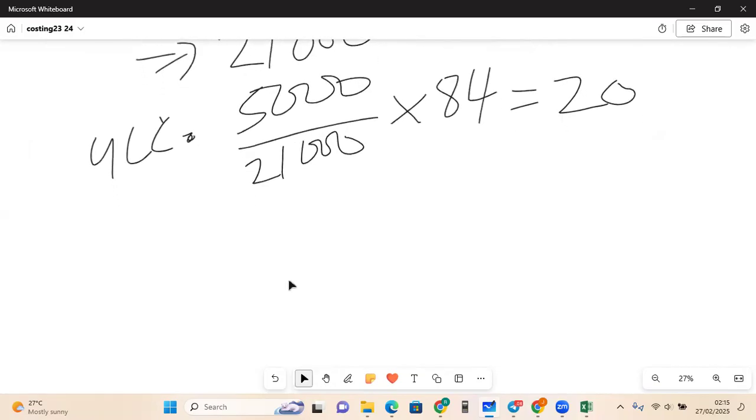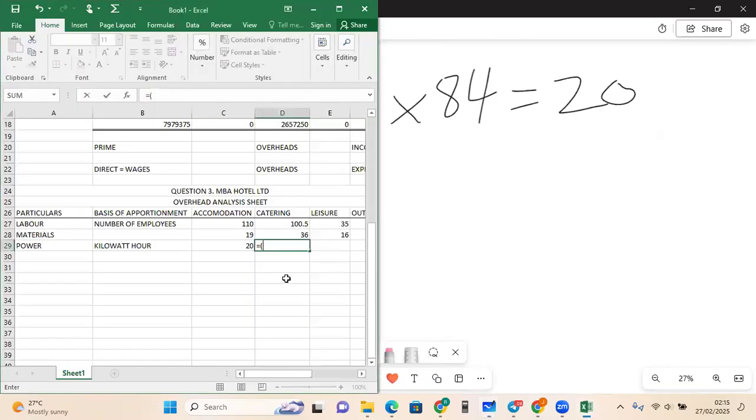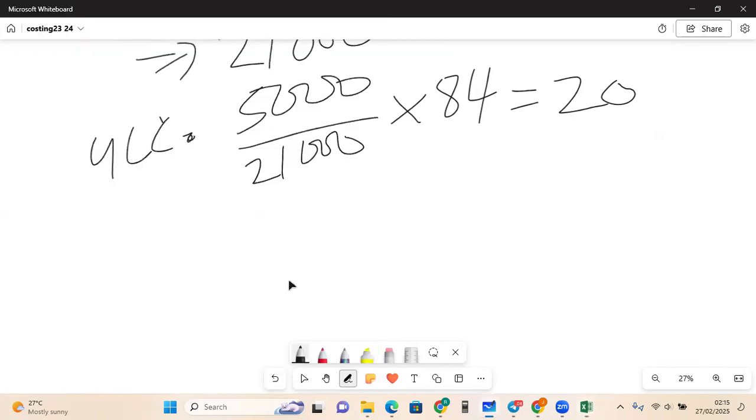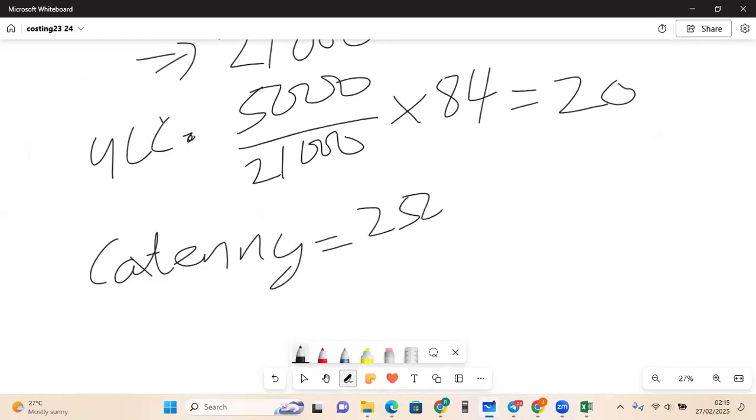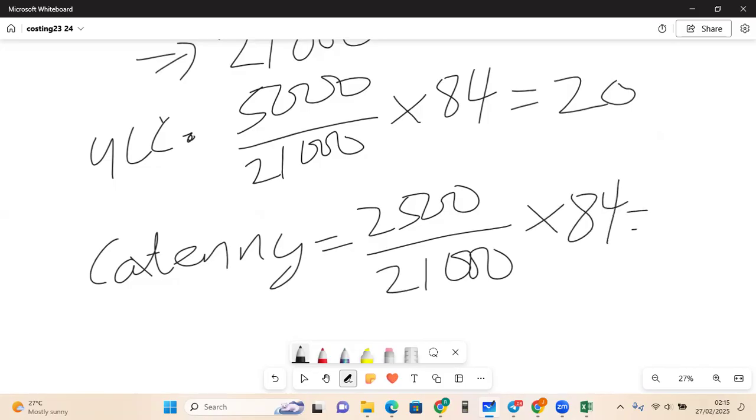Now the second one is going to hatred. Hatred is going to equal to 500 all over 21,000 times 84.